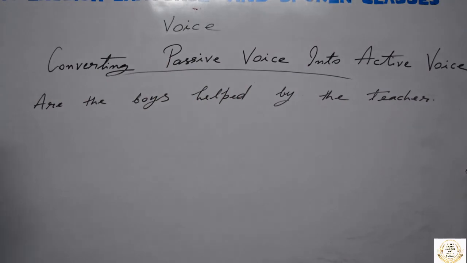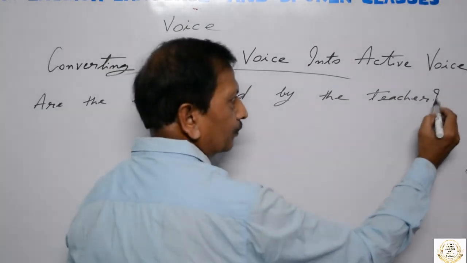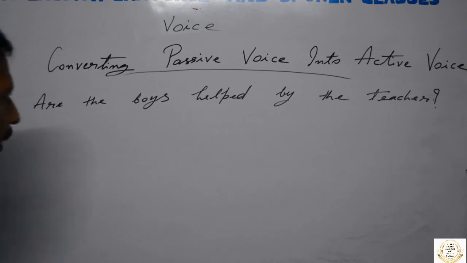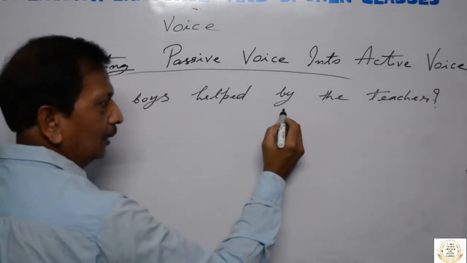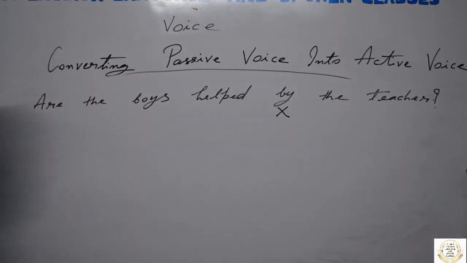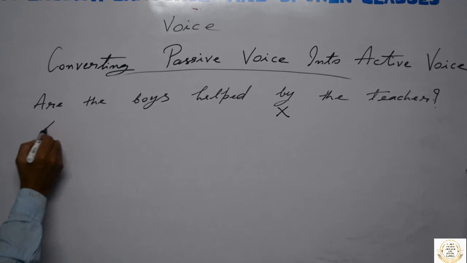This is an interrogative sentence. Are the boys helped by the teacher? For this interrogative sentence, you have to take care of the word by, that you have to remove. You also have to find out the especially used word. Okay? What is that? This is actually are.